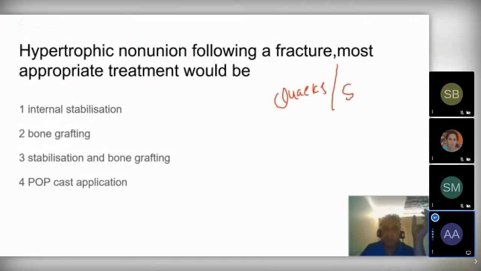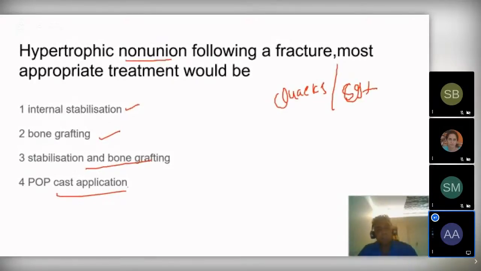What they do is just apply some bamboo stick, and you see non-union. So at that stage, what do you have to do: internal plate and screw fixation or nailing, bone grafting, stabilization and bone grafting, or POP cast.